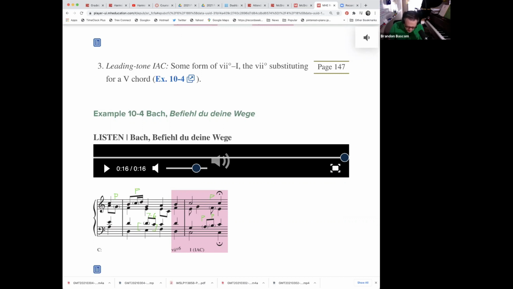Are we going to call it a neighbor group? You want to call it a neighbor group? Is it an escape tone? No, escape tone is approached by step and left in the opposite direction.